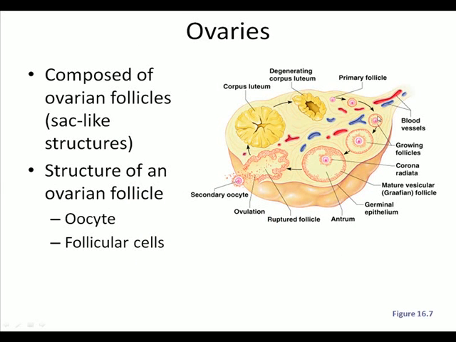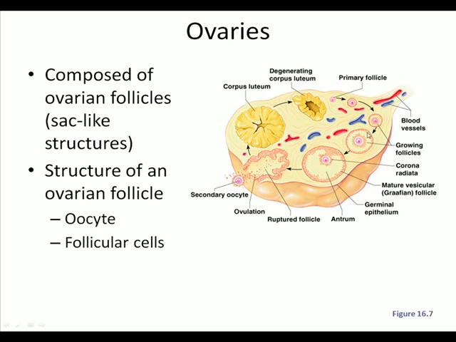The ovary is filled with eggs that are in early developmental stages. The eggs are actually made, and we'll talk about this a little bit more, prior to birth, all the eggs you're ever going to have. And then once a month, one of the eggs or a couple of the eggs will be stimulated to develop further.